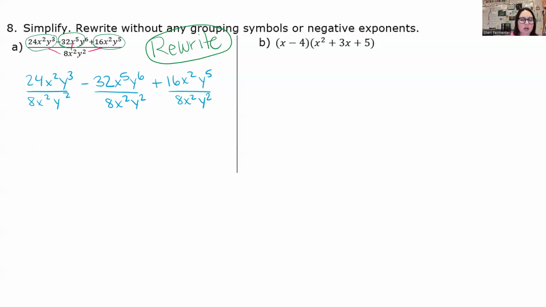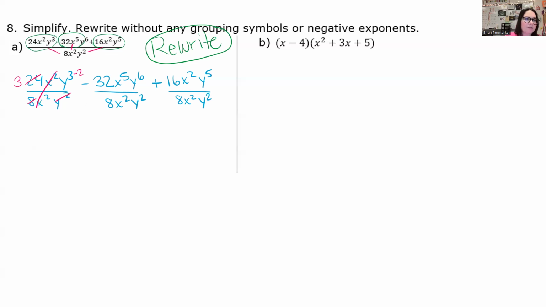Yeah, 24 divided by 8 turns into a 3. I have x squared divided by x squared. What's anything over itself? 1, so these cancel out. And then I have 3 on top, 2 on bottom. Which one's bigger? Yeah, so I'm going to subtract 2.